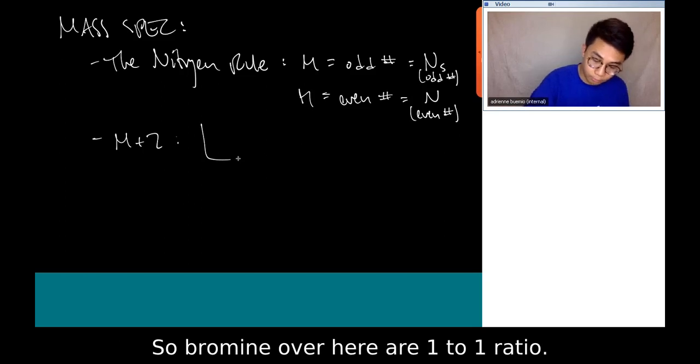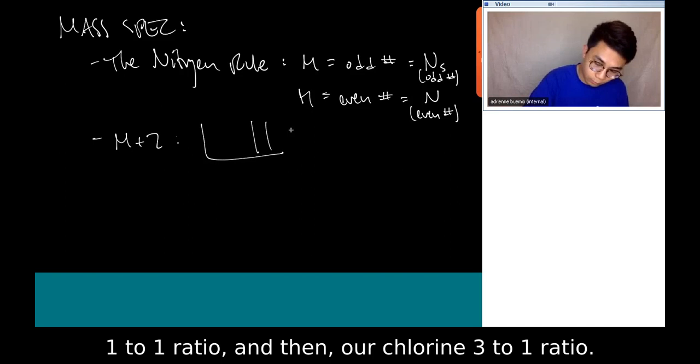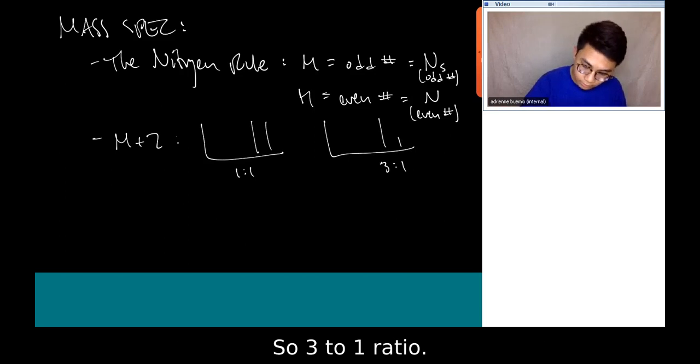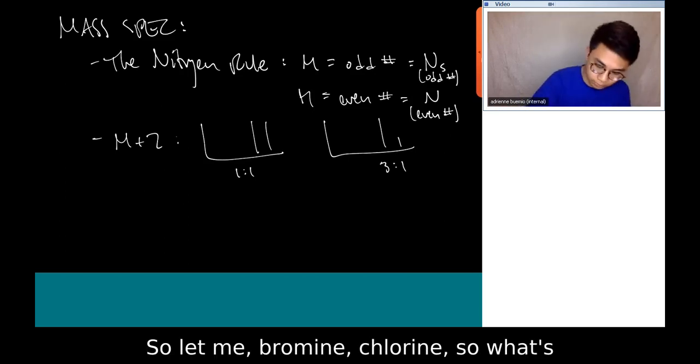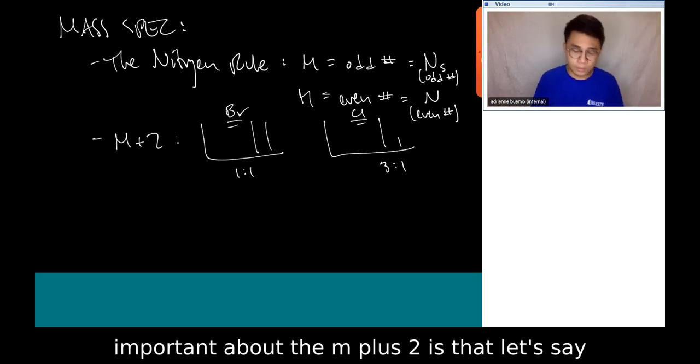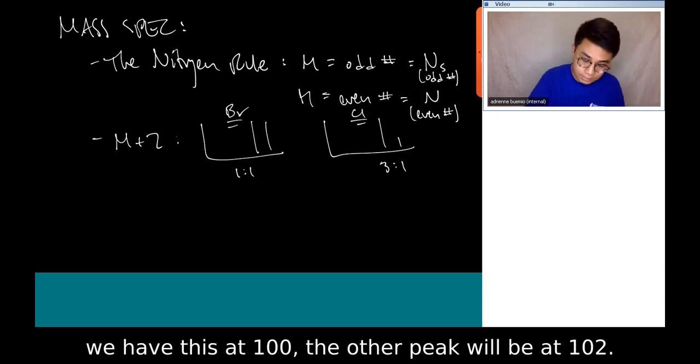So bromine over here, our 1-to-1 ratio, right? And then our chlorine, 3-to-1 ratio. So what's important about the M plus 2 is that, let's say we have this at 100, the other peak will be at 102.